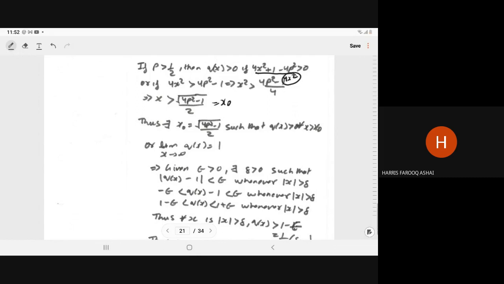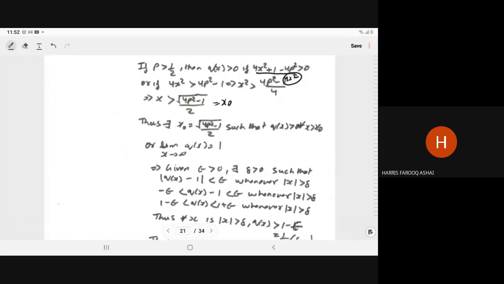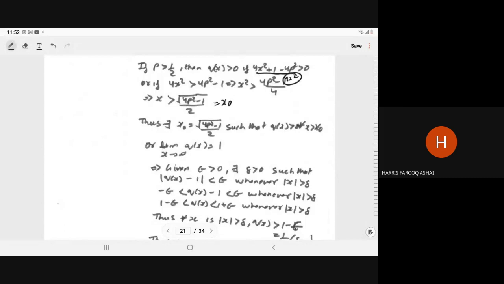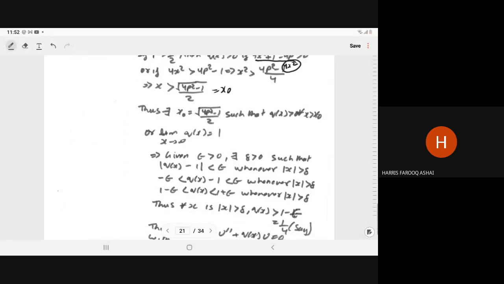Before that point, we do not know the nature of q, whether it is decreasing, increasing, or fluctuating, but after x naught, q(x) is always positive. And when we take the limit of q(x) as x tends to infinity, that is 1.